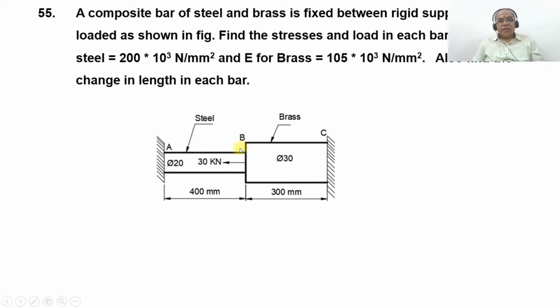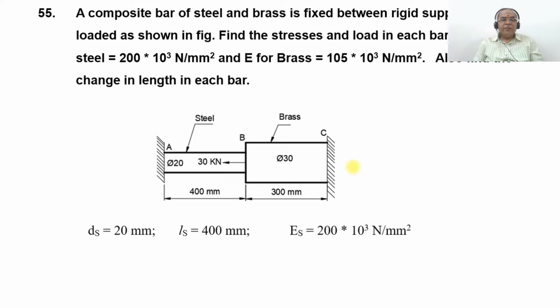So naturally, in order to keep this brass rod in equilibrium, you are going to get a reaction acting towards the right side. So this is going to be the reaction RA, and this is going to be the reaction RC. So that is what we have.